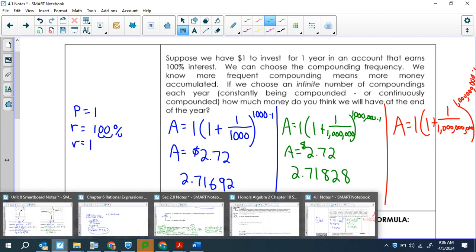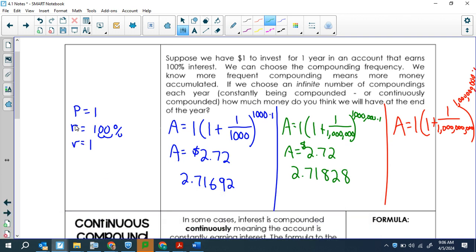Still, in terms of money, it's going to round to $2.72. And the billion, what did you get? 2.71828. I think this one's a 6 here. I got a 6 for this one. But again, it's still going to round to $2.72.